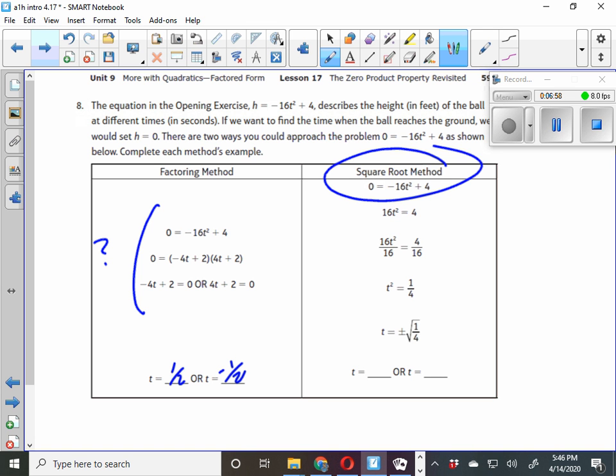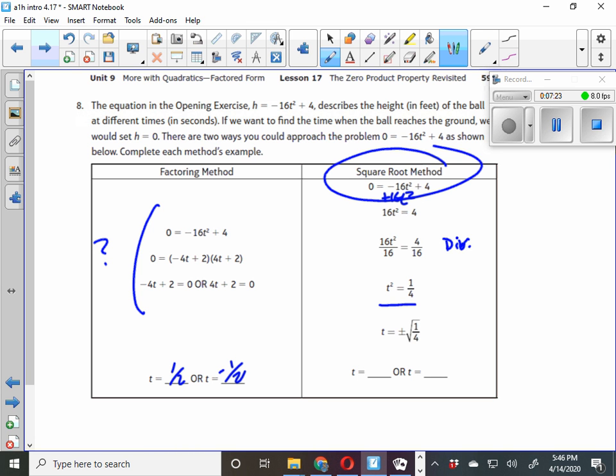This one says, what if I took and moved 16t squared over to the other side? And then I want to get t by itself, so I divide both sides by 16, and I get t squared equals 1/4.